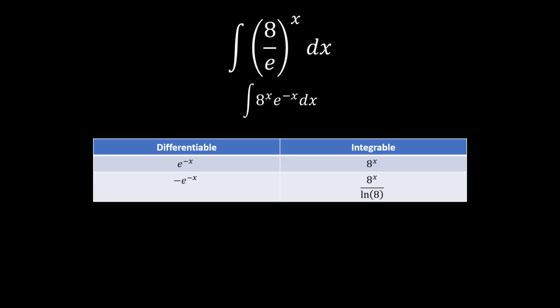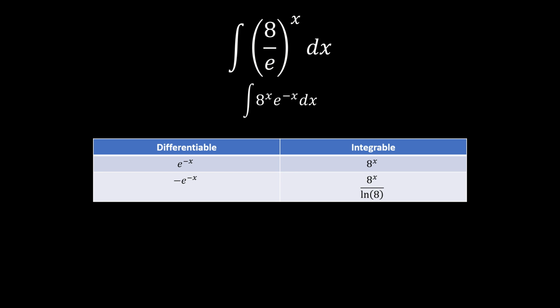Let's say we have the following integral. The integral of 8 over e raised to x dx, which for the purpose of using the tabular method, we're just going to rearrange as 8 raised to x times e raised to the negative x dx. Well, for tabular integration, we need to have one function that we are comfortable taking the derivative of, and one function we're comfortable taking the integral of.